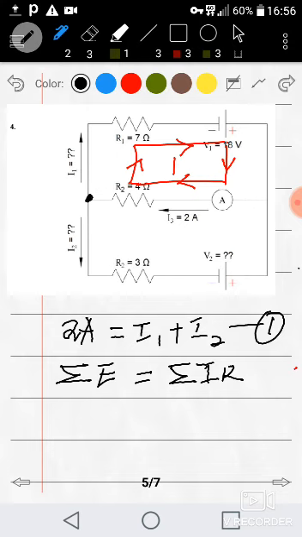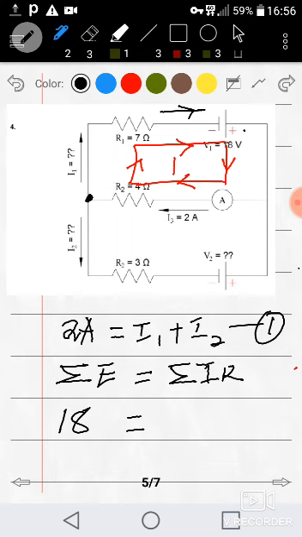When you look at the direction of the loop, it is towards the right, and even the source of EMF is coming from negative to positive, meaning that EMF is positive. So we should have a total of 18 volts being equal to the IR, or potential drops.